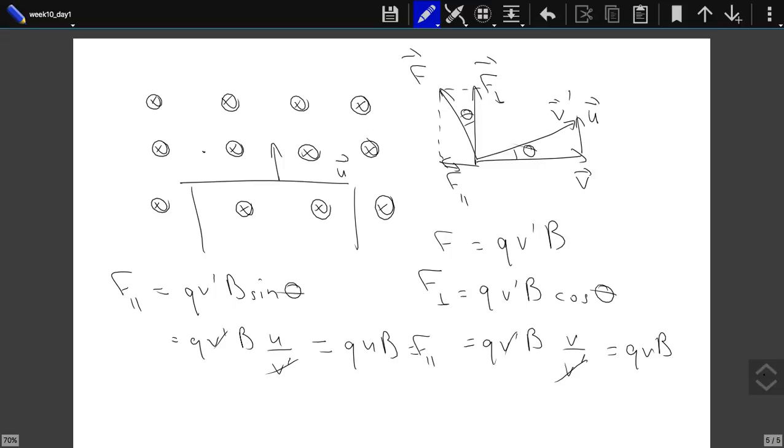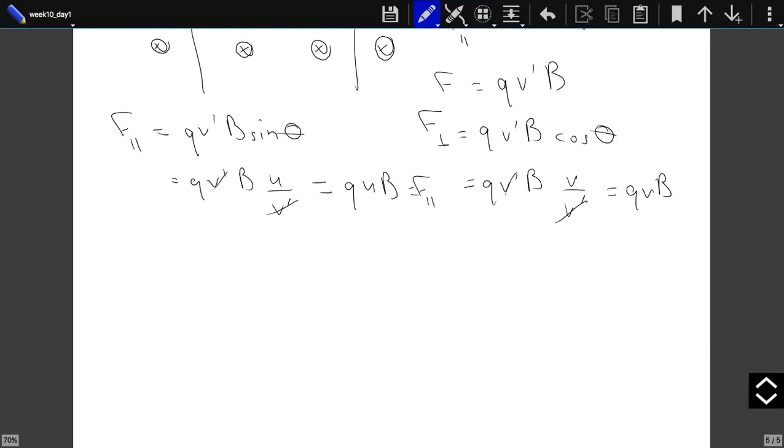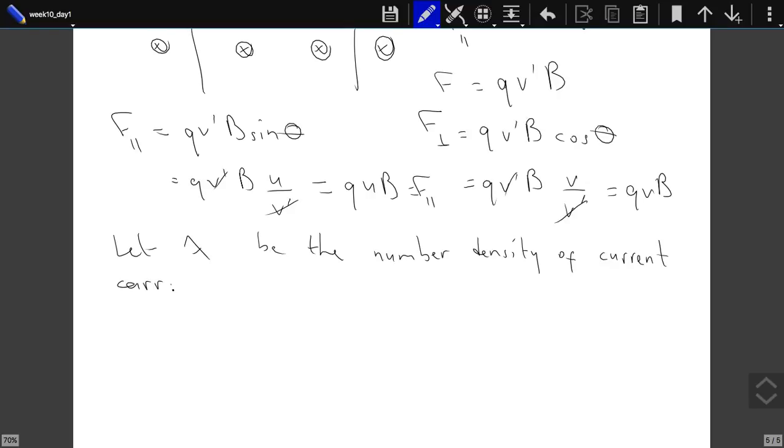This is the force acting on a single charge. So let's call lambda the number density of current carriers.